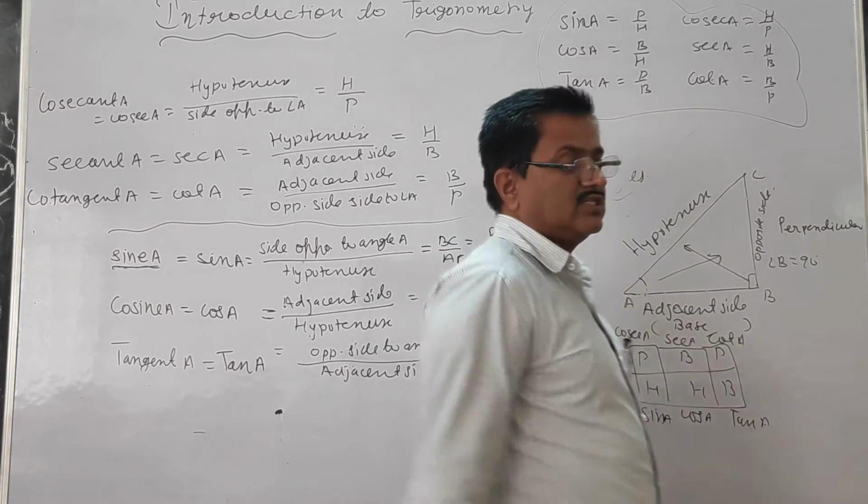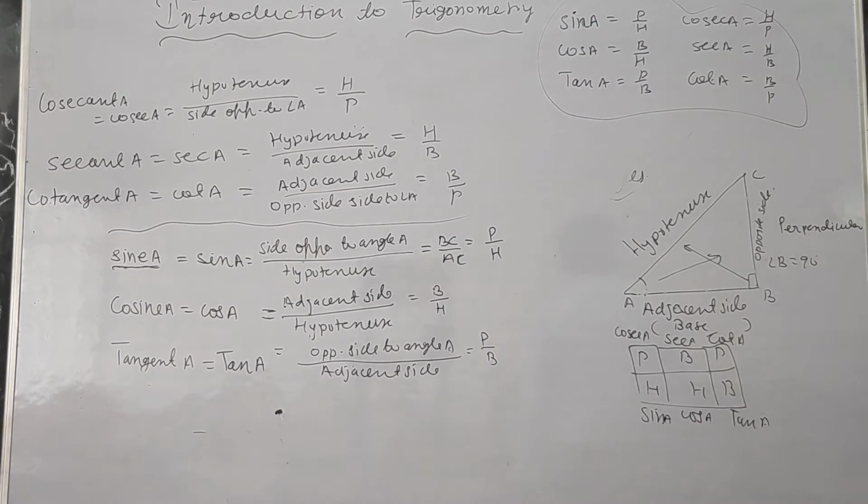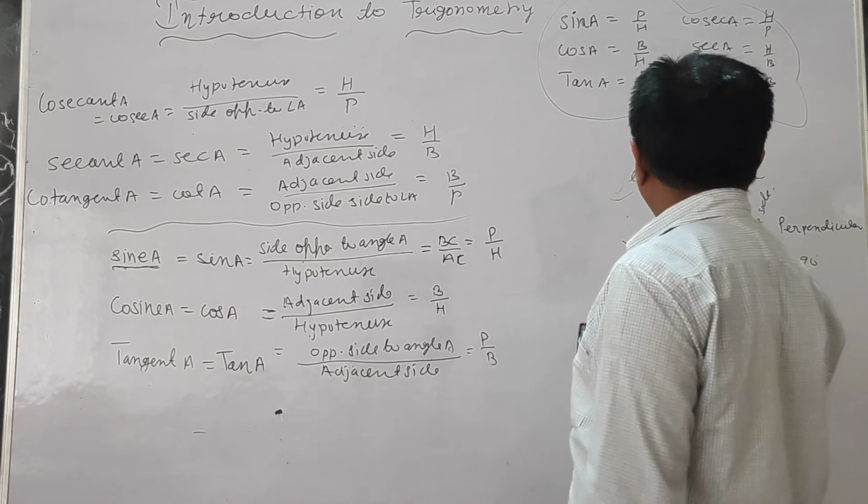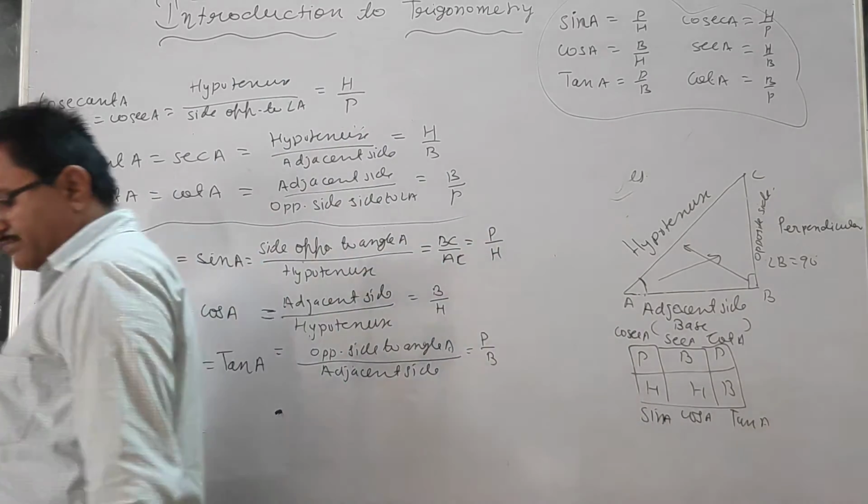So these 6 trigonometric ratios are the ratios of the sides of the triangle with respect to the considered acute angle. This is clear?